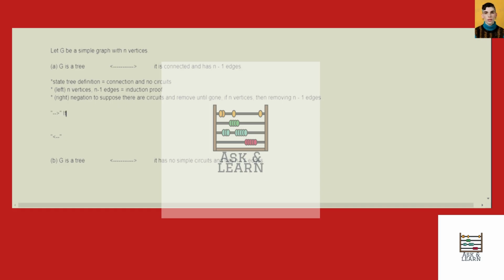So going for the left direction, again, I'm going to state my tree definition. So if G is a tree, then it is connected and has no simple circuits.